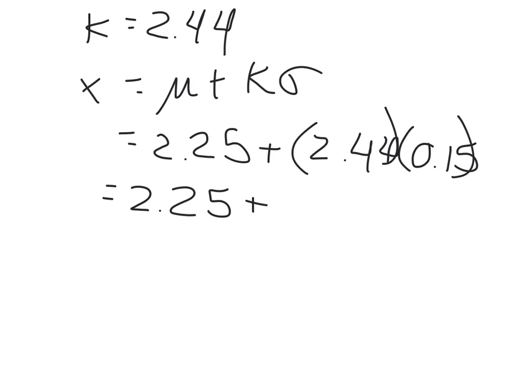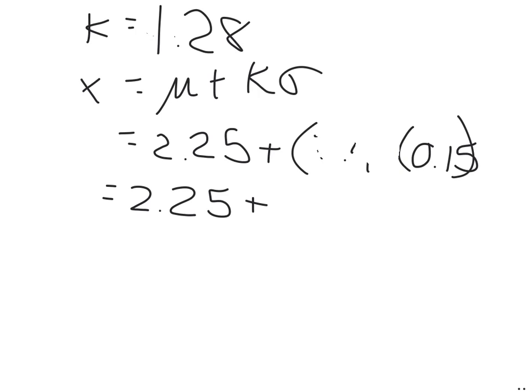I'm sorry, I did the wrong number here. Where did I get the 2.44 from? That's totally wrong. I'm sorry about that. Let me erase. Goodness me. What was I thinking? All right, that's 1.28. So this is 1.28 here.